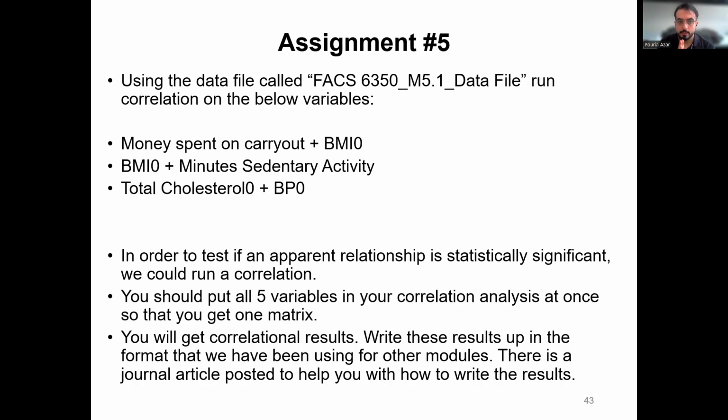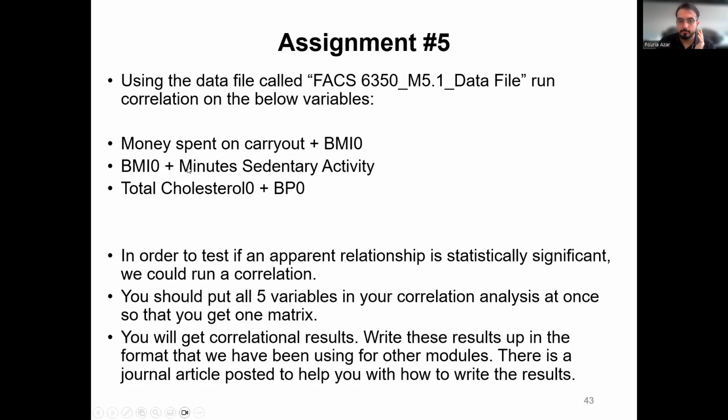Here is your assignment. You will use the data file called FACS 6350 module 5 data file to run correlation on the below variables: money spent on carryout and BMI at baseline, BMI at baseline and minutes of sedentary activity, total cholesterol at baseline and blood pressure at baseline.